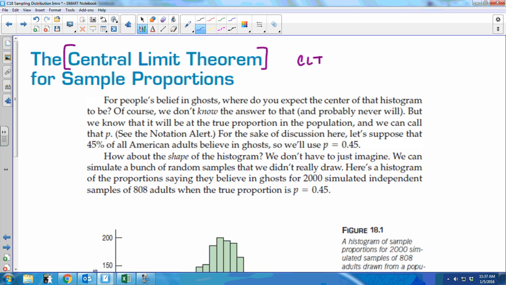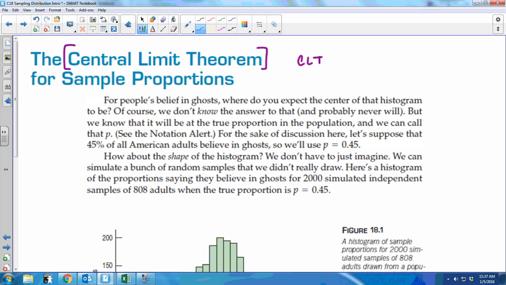Okay? And then if you start thinking about the shape, well, you have the center. You saw this a lot yesterday. You had a lot of data centered around 0.2. But then, again, there's variability between samples. So it was kind of unimodal and symmetric, right? So we have a unimodal and symmetric distribution with a center at what the proportion is claimed to be.